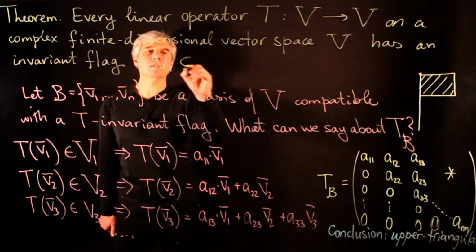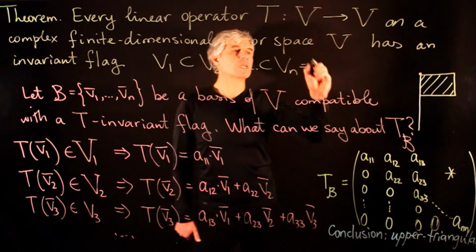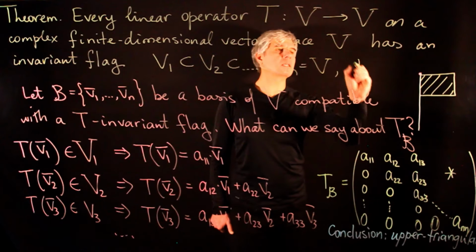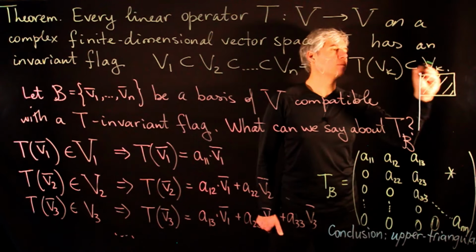So V1 sits inside V2, sits inside Vn, which is equal to V, and T of Vk is inside Vk.